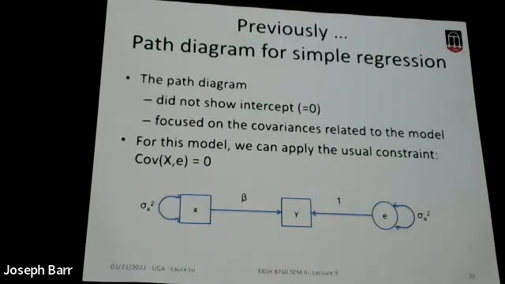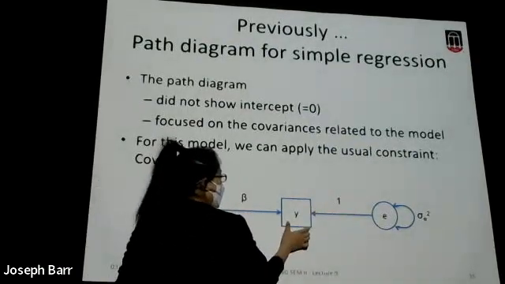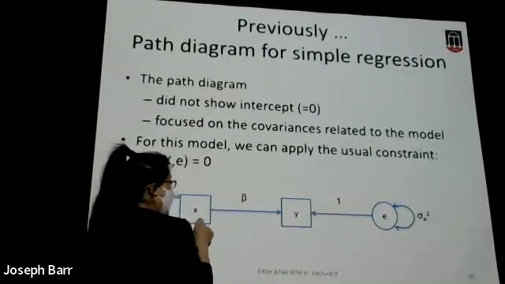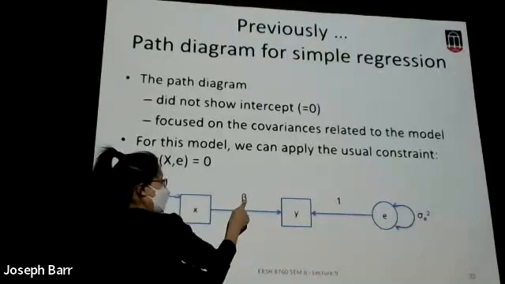Previously, if we assume the mean of y is 0, we don't have any beta 0. Beta 0 is gone in that previous example. Then we have a path diagram like this. We have dependent variable y, independent variable x, and a coefficient from x to y. We assume the slope is beta.